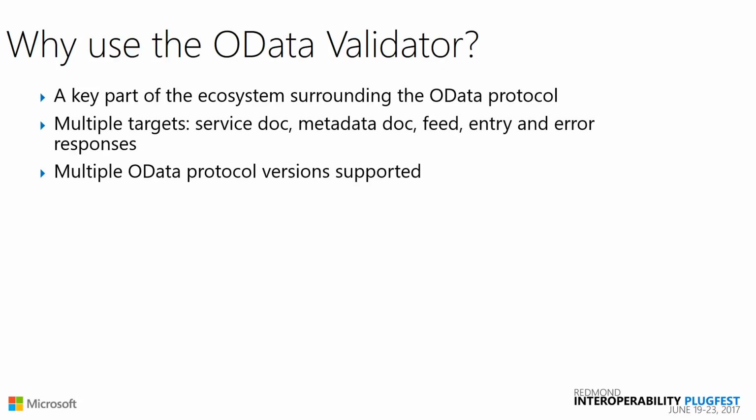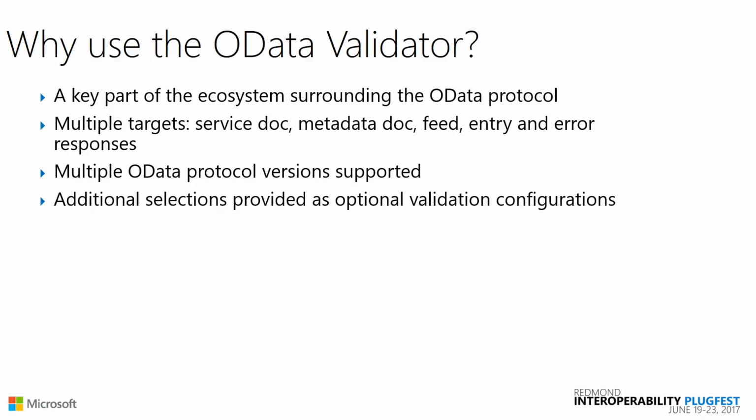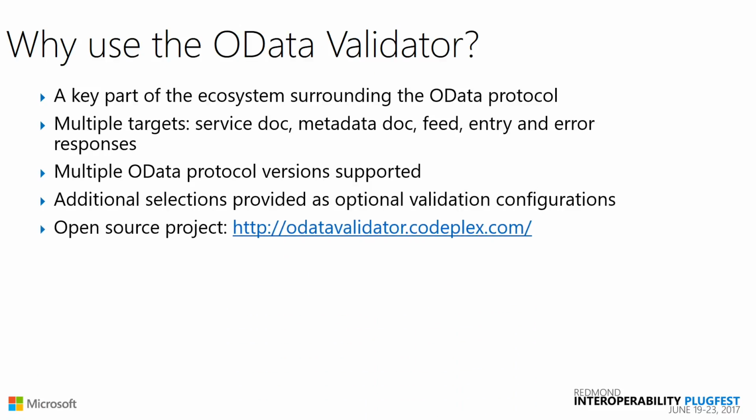When you go to the tool and you want to test for conformity, you can select the version of OData that you used when you set up your service, and it will test accordingly using rules that match that version of OData. So the tool also gives you the options of making some additional selections, and you'll see when we go to the live web UI, and then this should make a bit more sense.